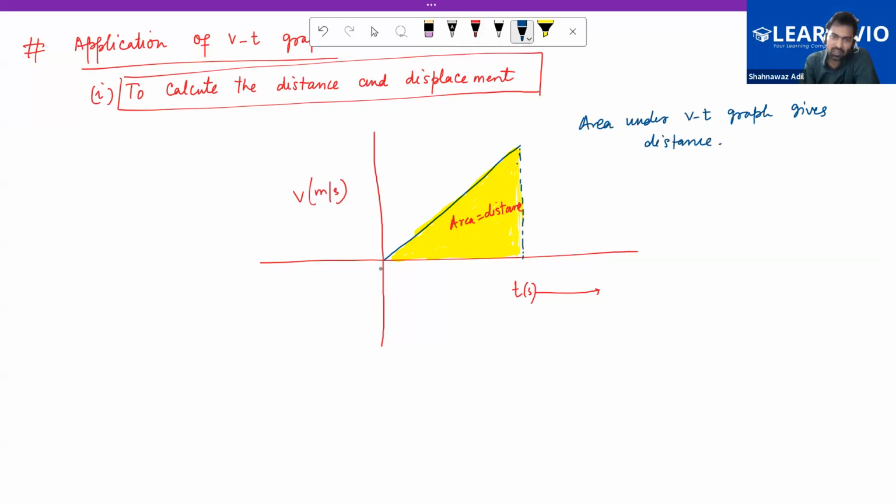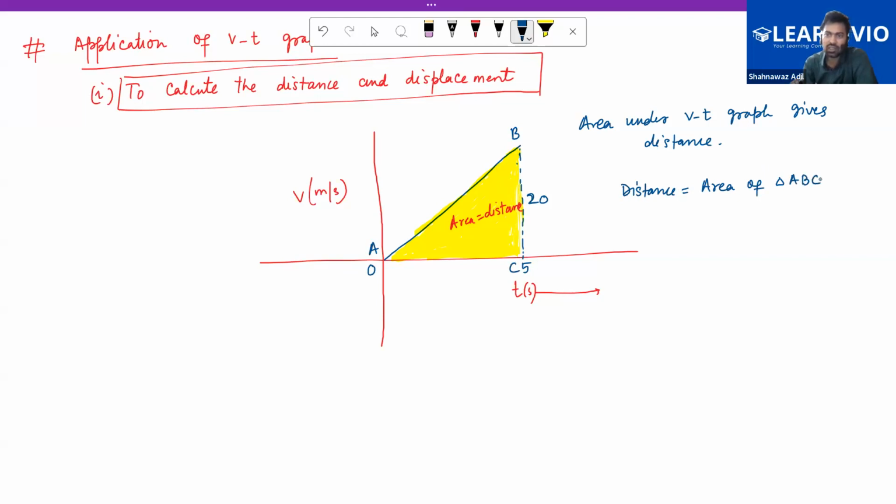For example, let's say this is 0, 0. This is 5, and let's say this is 20. Then what would be the distance? The distance would be the area of the triangle, let's say ABC.